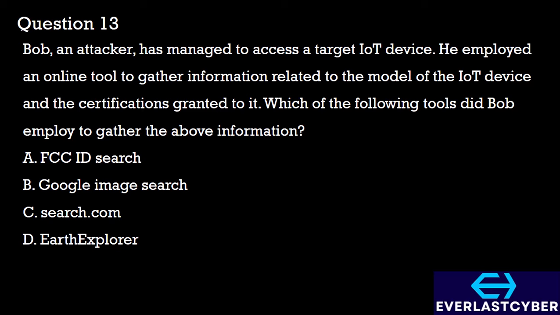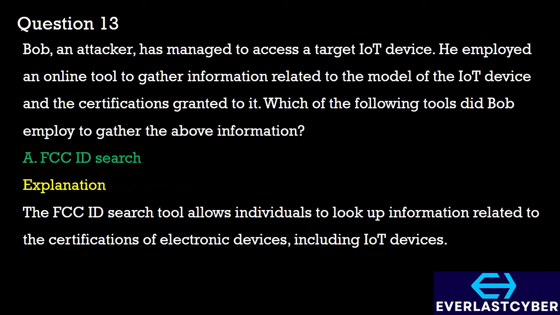Earth Explorer is a tool for accessing satellite and aerial imagery, but it is not used for gathering information about Internet of Things device models. So our answer here is option A, the FCC ID search.